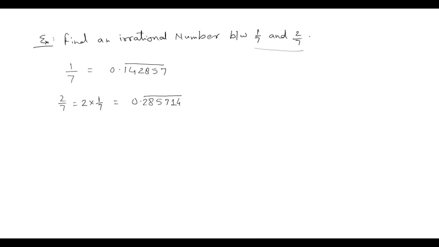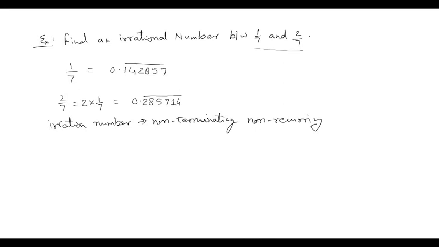So since irrational numbers are non-terminating and non-recurring, hence we can find infinitely many such numbers between 1 by 7 and 2 by 7.